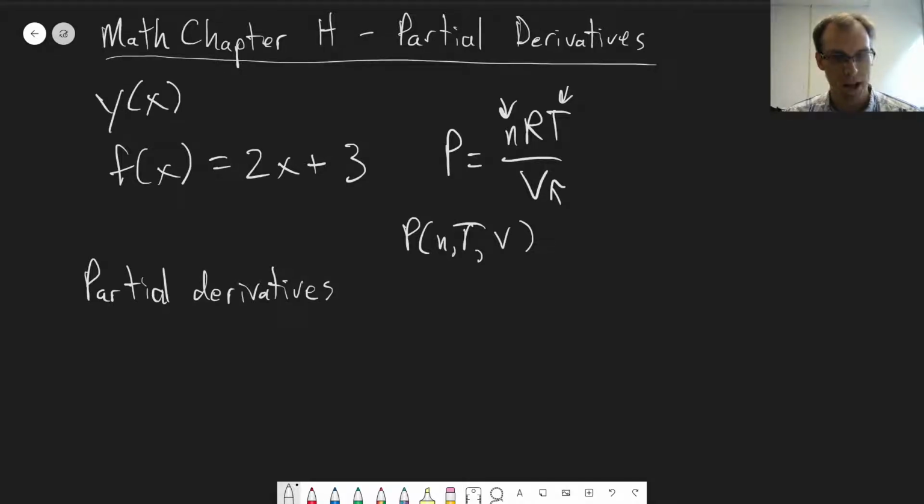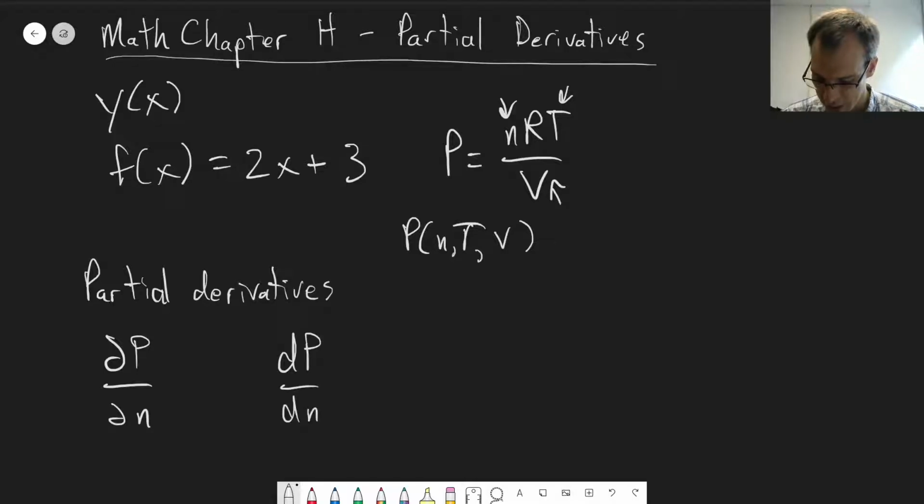For example, say we want to take the derivative of the ideal gas law with respect to the number of moles. We write that as ∂P/∂n. You notice these d's are italicized. Normally we write a derivative like dP/dn, but that would not be a partial derivative. So that's this notation here with this cursive italicized d.